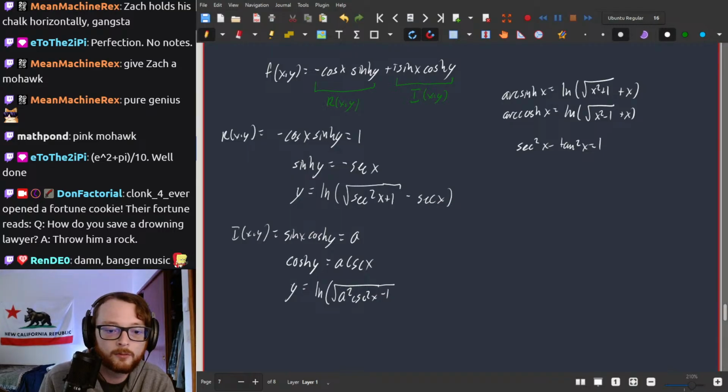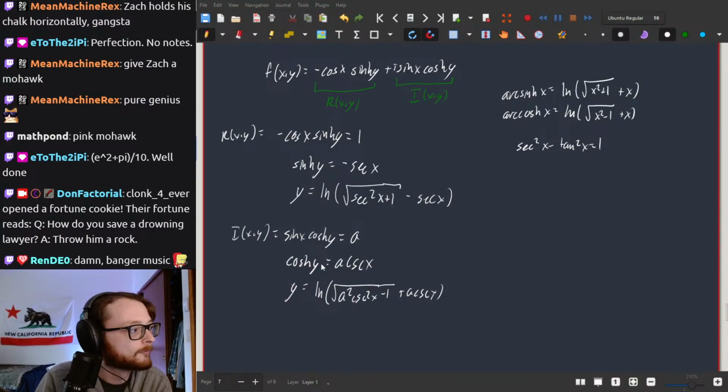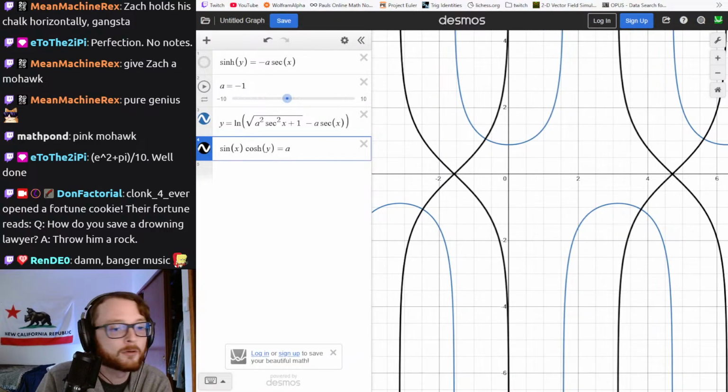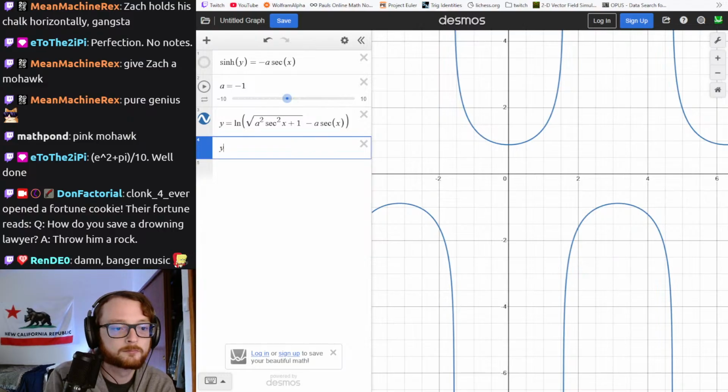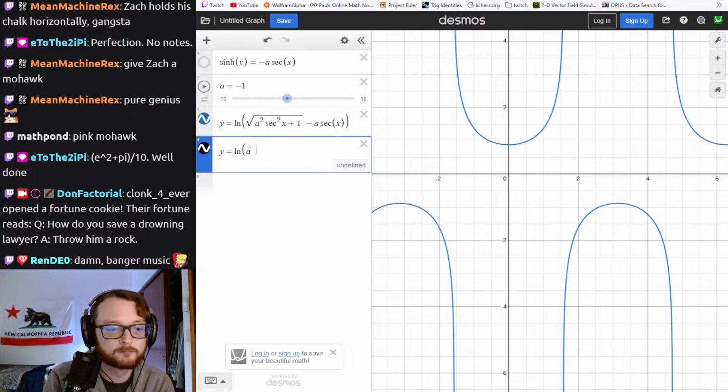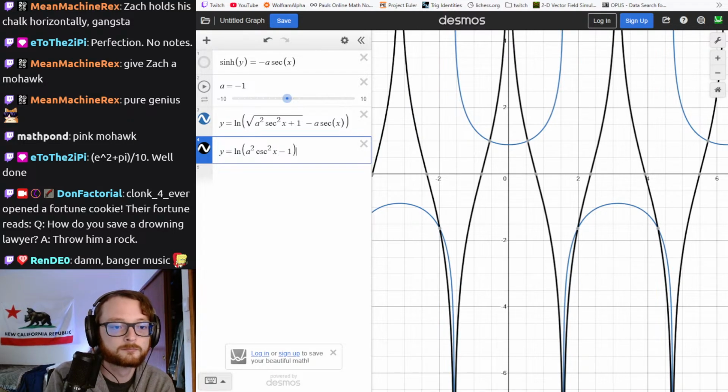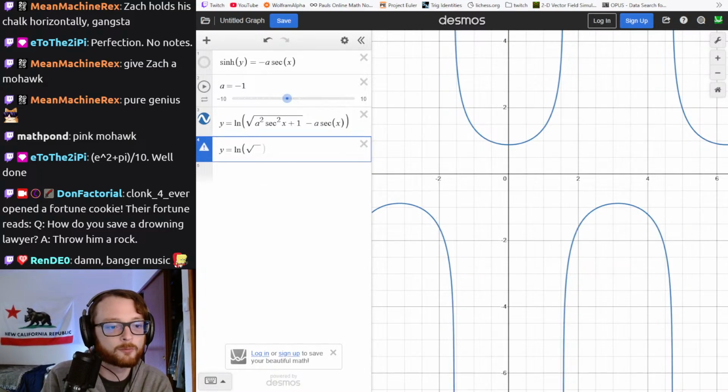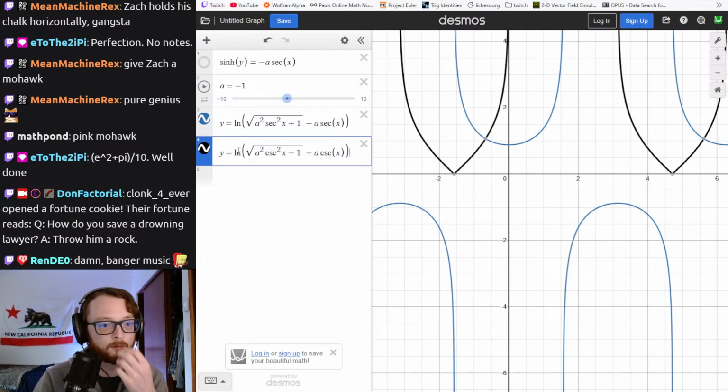-1. Okay. Oop. Wait, I forgot my square root. Cut, square root, paste. Why does that look different?